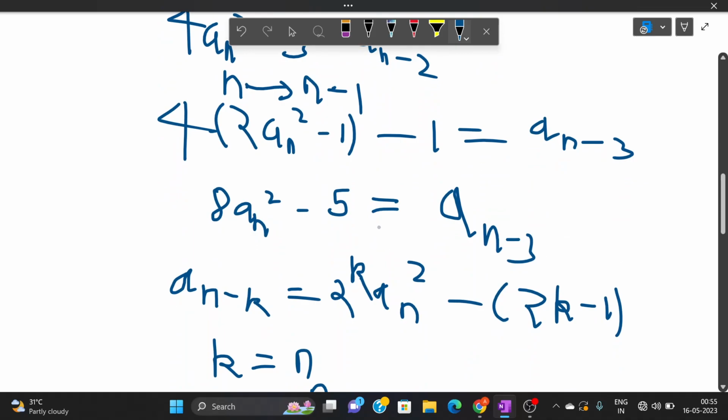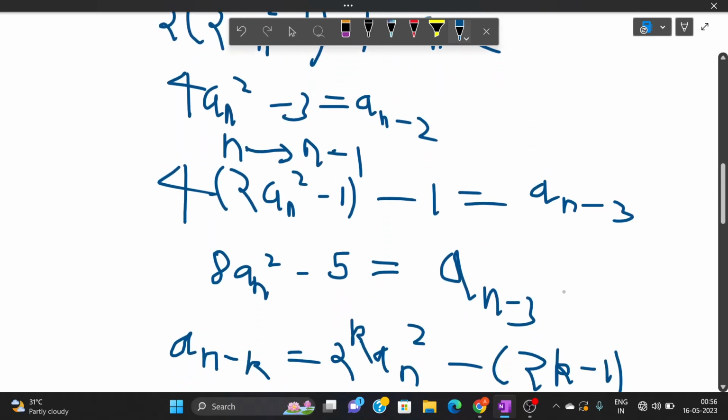We can continue in the same fashion, or we can start observing the pattern that a n minus k will be equal to 2 to the power k a n square minus (2k minus 1). Observing this pattern is easy because every time there will be 2 times a n square here and minus 1 multiplied by an even number, and then minus 3 added, minus 7 added, likewise.